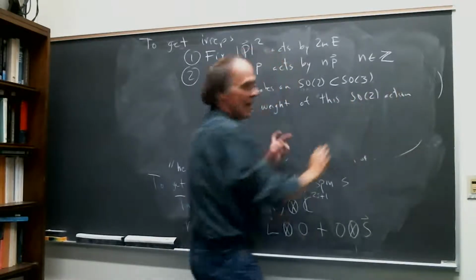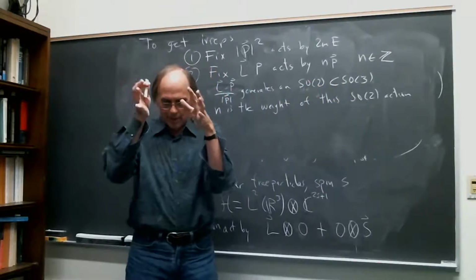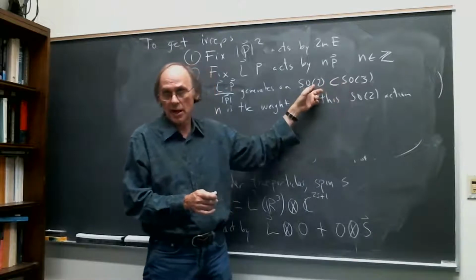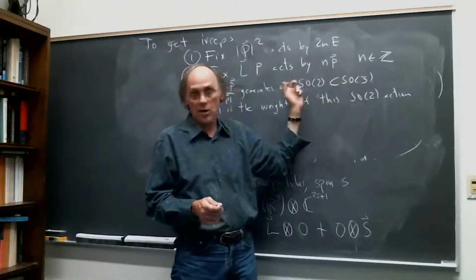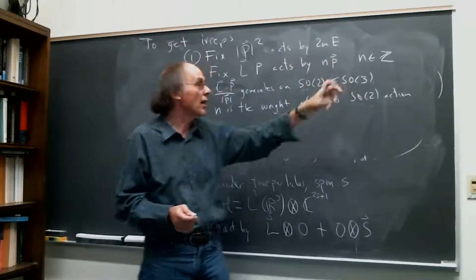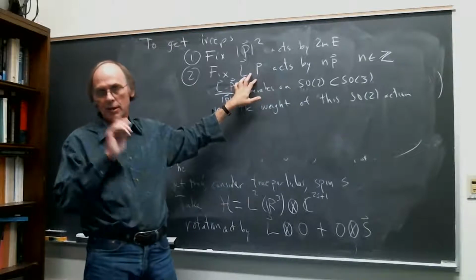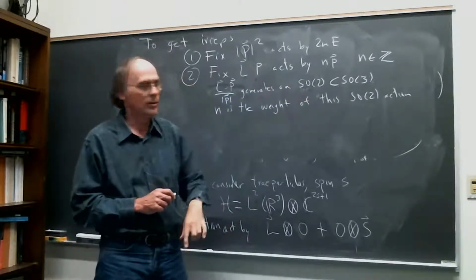That was the name we had when we were looking at SO3 representations, and we decided to analyze them by picking an SO2 inside there and seeing what that did. Then we found that we got integer eigenvalues, and we called that the weight. Well, the same thing is going on here, except it's this operator that's generating the action of this SO2 subgroup.